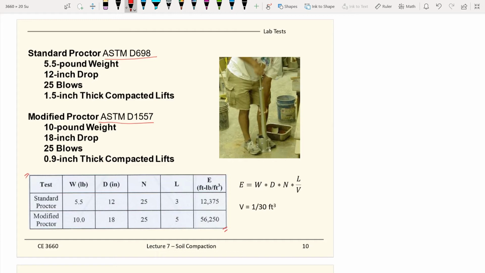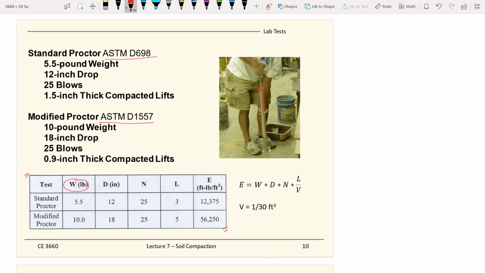First, start with the weight. This weight means the hammer you use when performing the test. The standard Proctor uses a lighter hammer, 5.5 pounds.